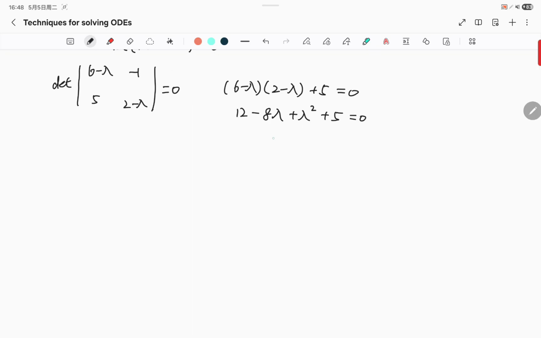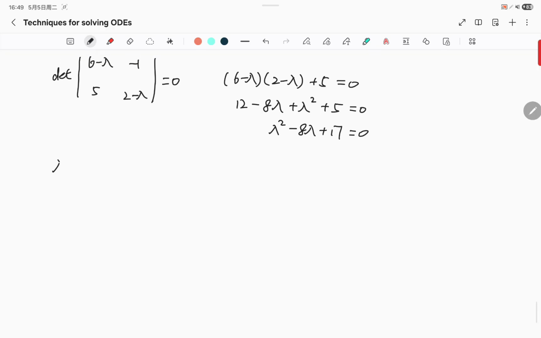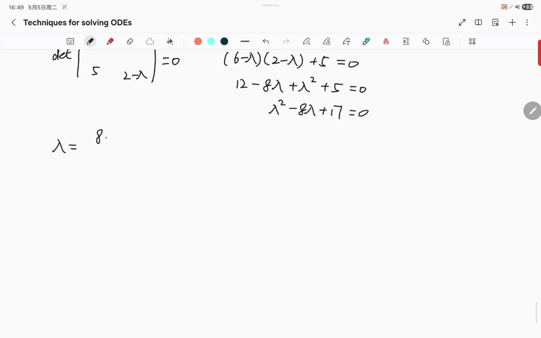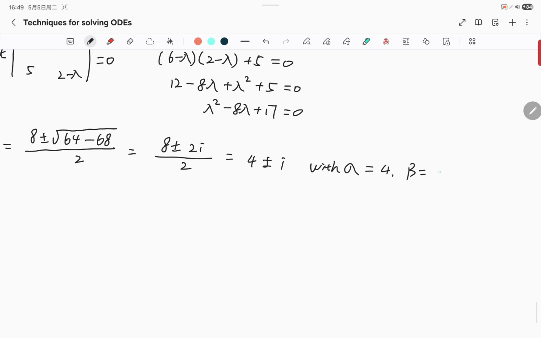And this is lambda squared minus 8 lambda plus 17 equals 0. Now, using the quadratic formula, lambda is equal to 8 plus or minus the square root of 64 minus 68, over 2. So we have 8 plus or minus 2i over 2, because square root of 4, right? This is like 4 plus or minus i, with alpha equals 4 and beta equals 1.